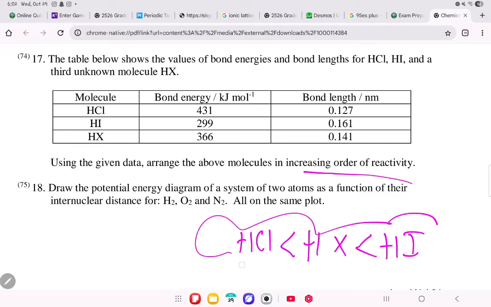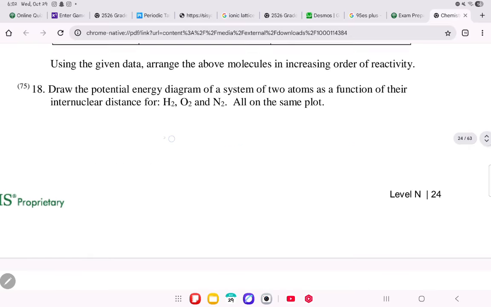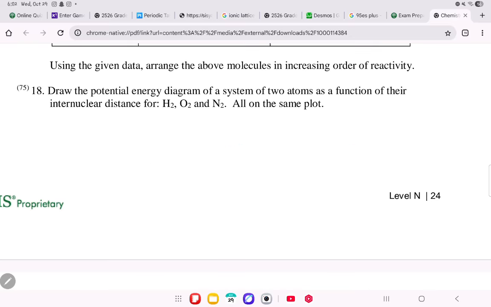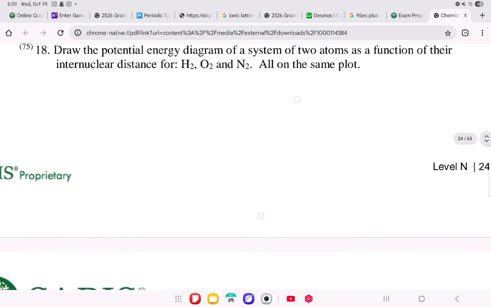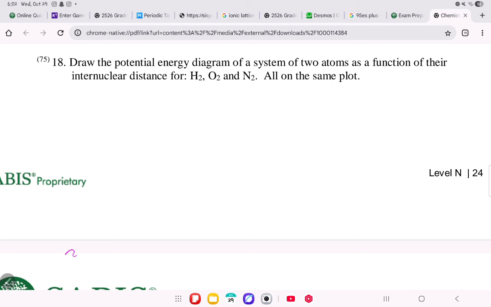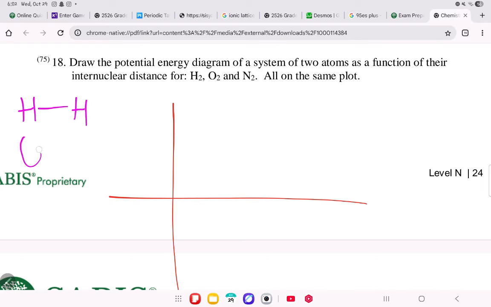So question number 18, draw the potential energy diagram of a system of two atoms as a function of their internuclear distance for H2, O2, and N2 all on the same plot, okay? So basically all we need to do is draw one plot, like this, and then we can say that H2 is H single bond H, O2 is O double bond O, and N2 is N triple bond N. So let us just say that the one in blue is hydrogen, H2, right?